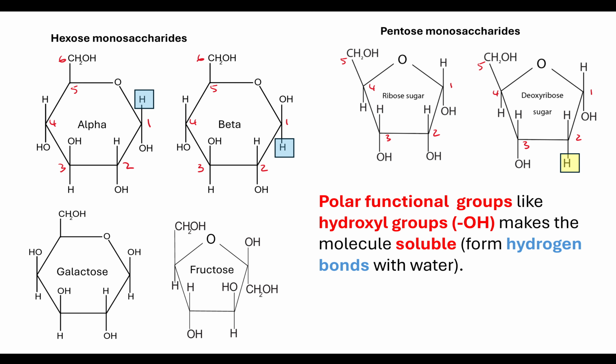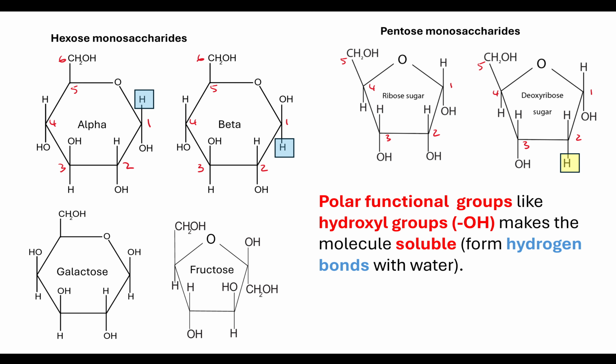Now, if you haven't watched already my video on water, then please do check that one out. But anything which has a hydroxyl group has a covalent bond between the oxygen and the hydrogen atom. That therefore is an uneven sharing of electrons because the electrons are closer to the oxygen than the hydrogen.